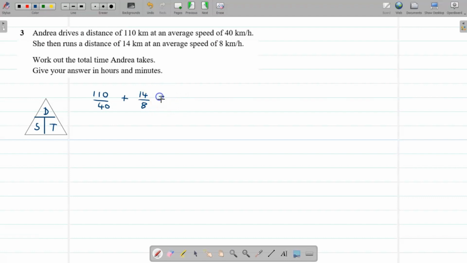And when you add those together on the calculator, it comes out to 9 over 2. And that is 4 hours and 30 minutes, because it says give the answer in hours and minutes. Okay.